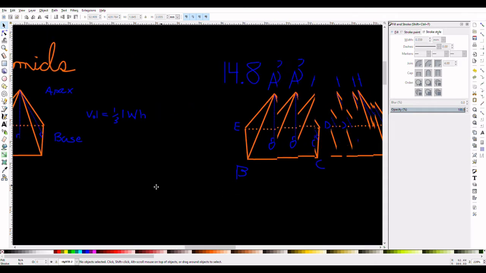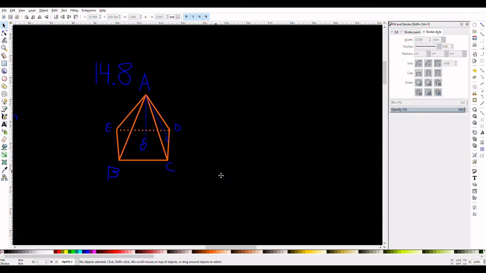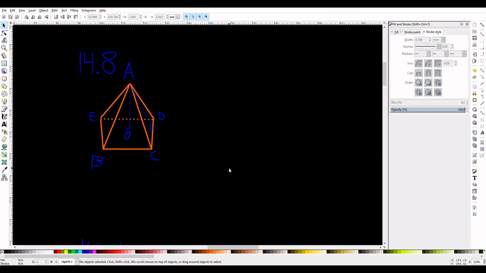14.8. ABCDE is a right square pyramid such that BC equals 6 and AC equals 5. So let's draw a pyramid and label it. BC is 6, AC is 5.